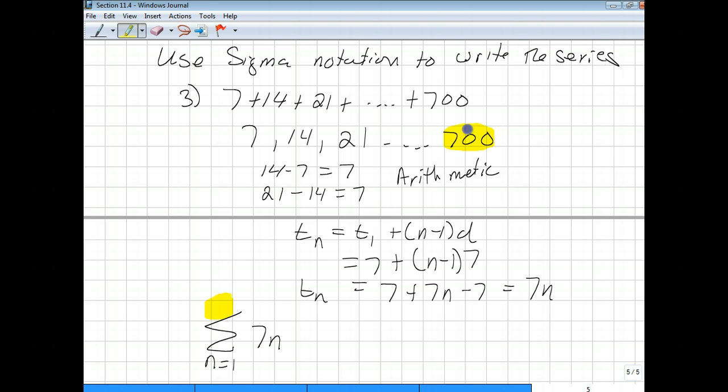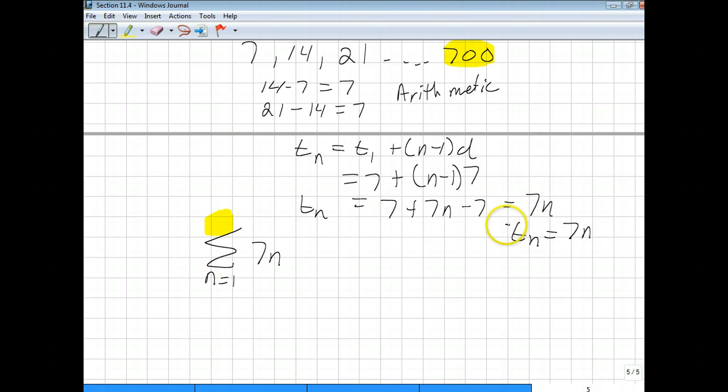What term is this? Well, in order to find that out, I take my t sub n equals 7n, and I put the 700 in for tn. So divide by 7, solve for n equals 100.